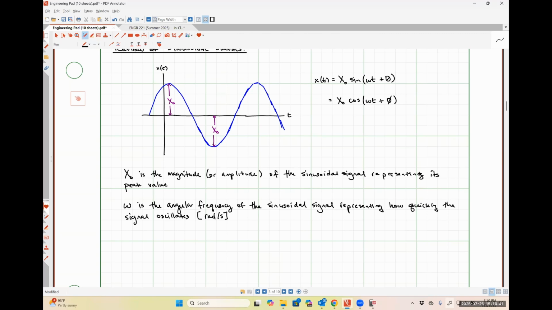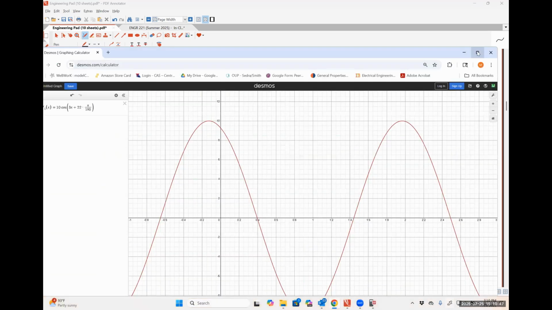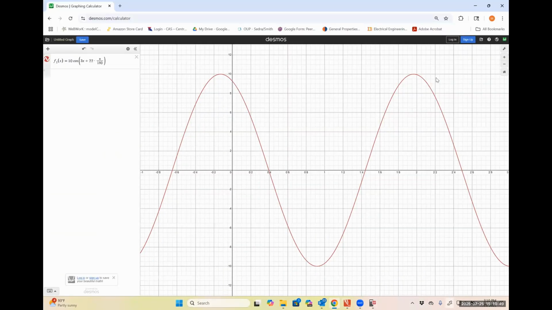So let me pull Desmos over here really quickly so we can look at something. Okay. So hopefully you guys can all see this. So I've just put in a generic function here, 10 cosine 3x plus 22. So 10 is the amplitude, which we've already talked about. 3 in this case is the angular frequency.